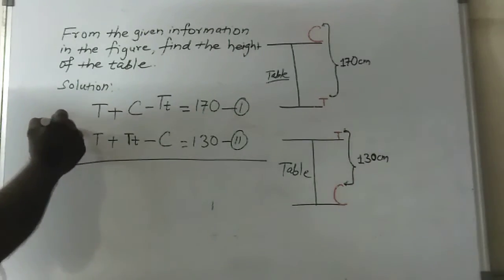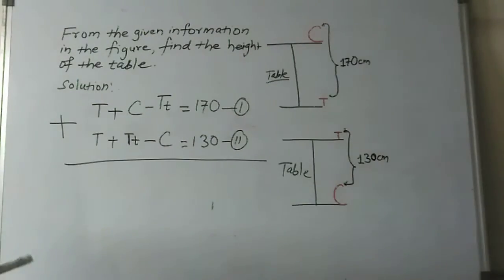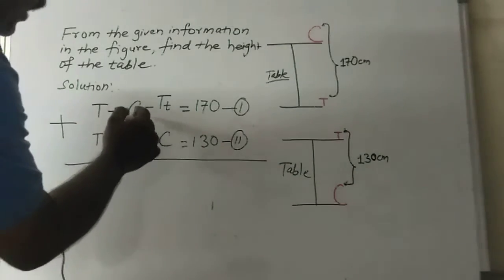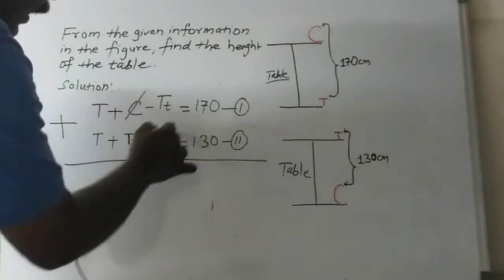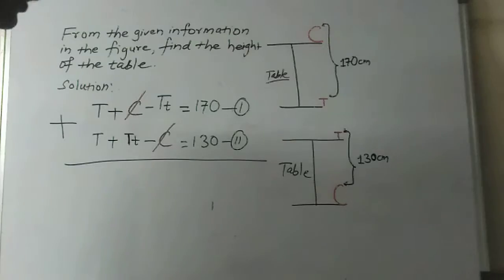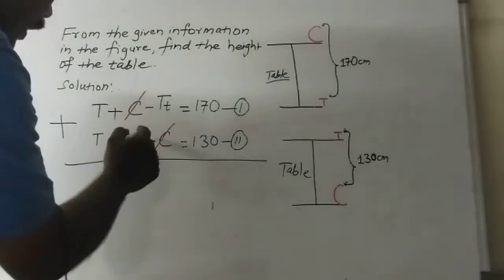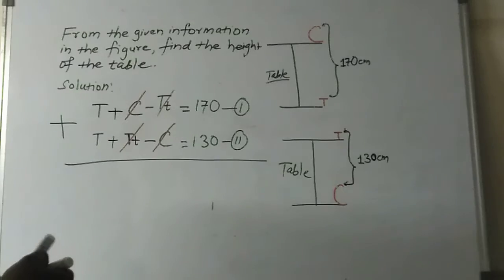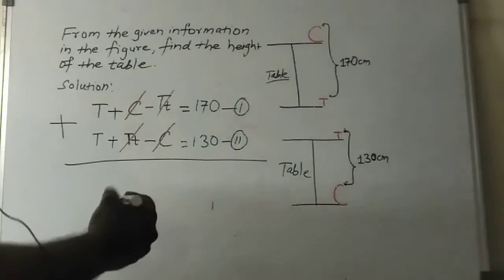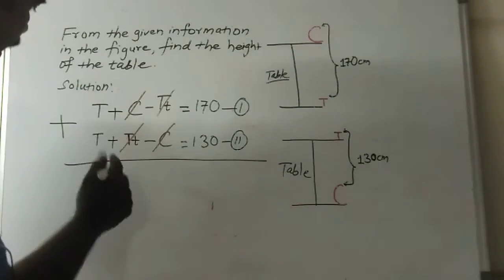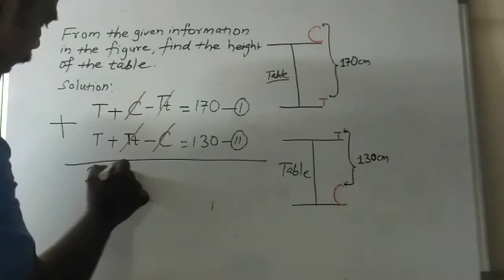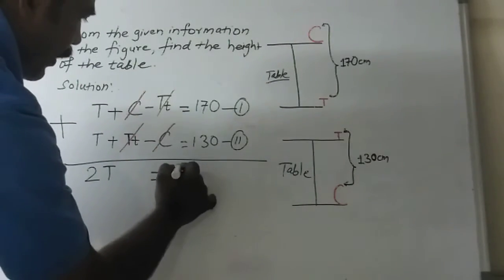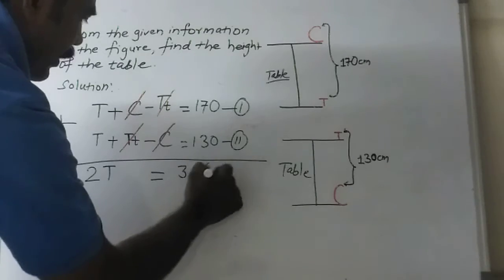So what we'll do, we'll add these 2 equations. When we add these 2 equations, what will happen? The height of cat positive and negative, this will get eliminated, same number with opposite sign, and this tortoise is positive, tortoise is negative, so this is also getting eliminated. Now just simplify, T plus T, that will be 2 times T is equal to 170 plus 130, that will give us 300.